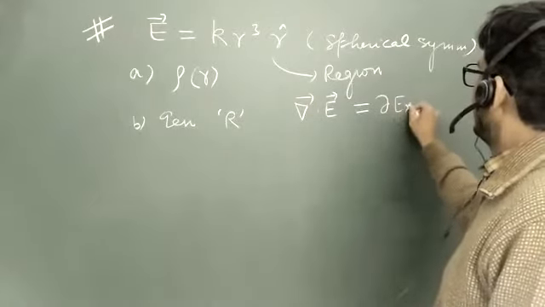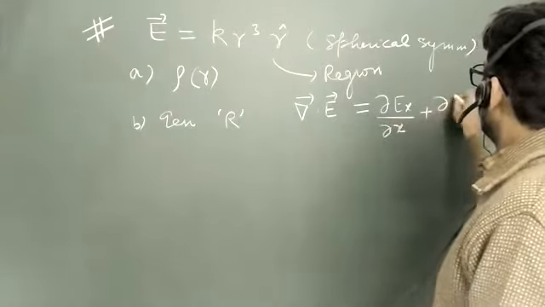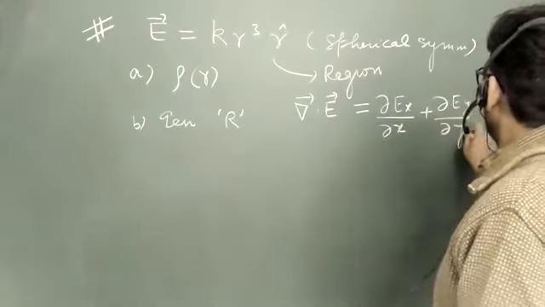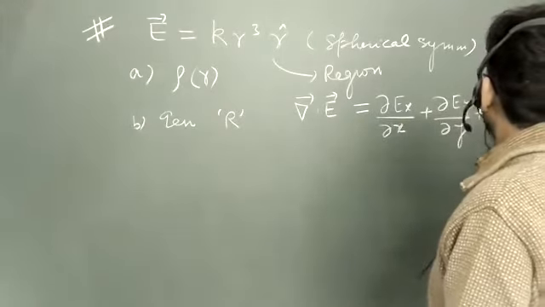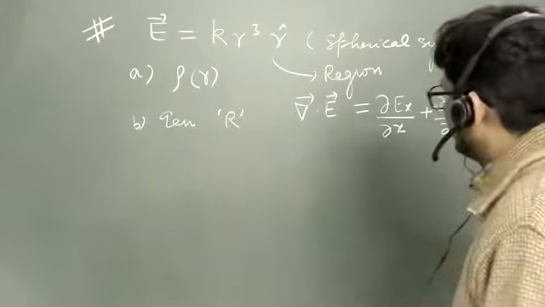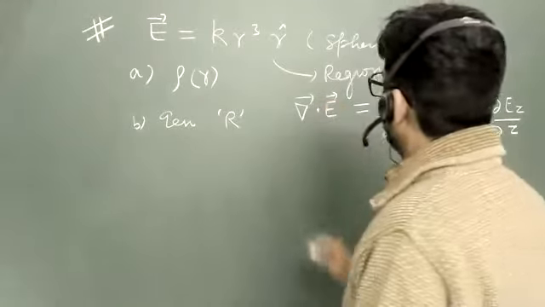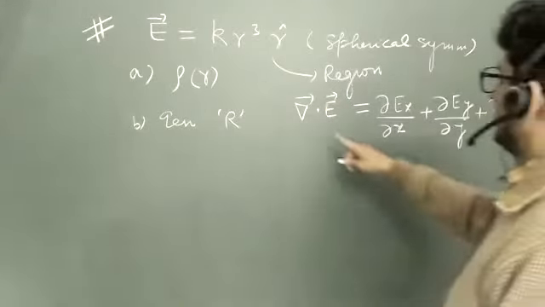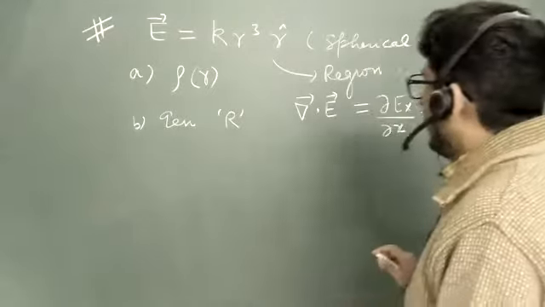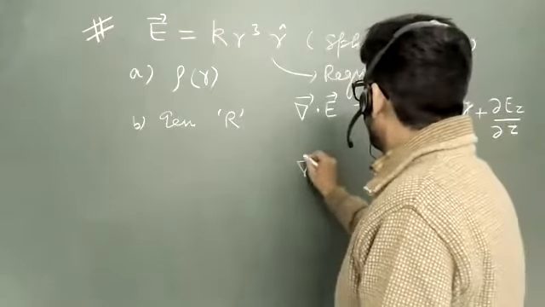It is just del Ex by del x plus del Ey by del y plus del Ez by del z, just taking the dot product with this vector. So this is a rectangular coordinate, right?